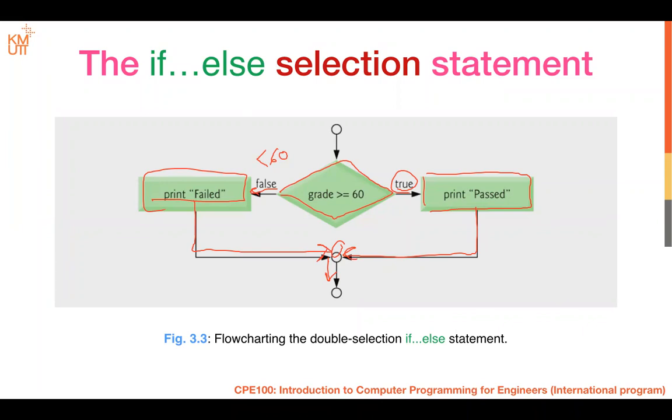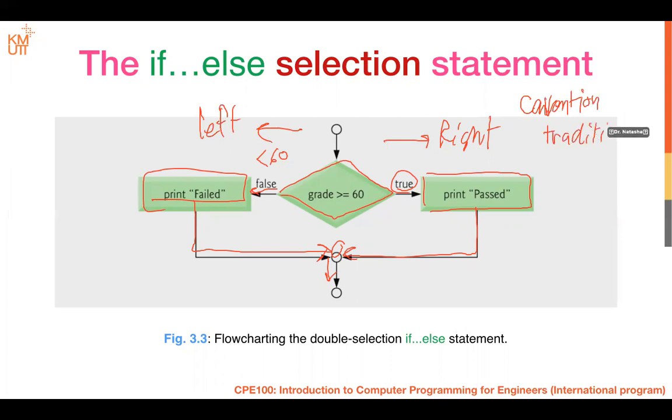So normally we will use its convention. If it's true, we will go to the right direction. If it's false, we will go to the left direction. But if you use them interchangeably, it's not a mistake, but it's not the convention. For convention or tradition, for true, we go to the right direction.